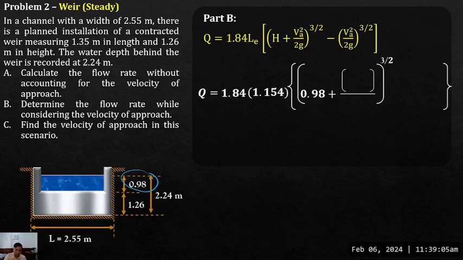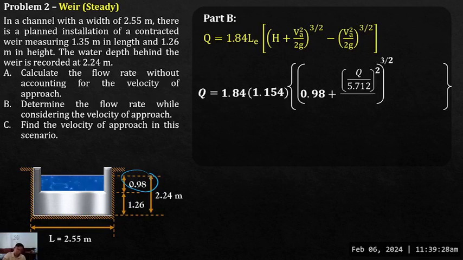So, yung velocity of approach, paano natin yung isosolve? V squared over 2g. So, ano ba yung velocity sa channel? So, if you notice, wala. Pero meron tayong alam na formula for velocity, that is Q over A. Tama? So, gamitin natin yan. Q over yung area.